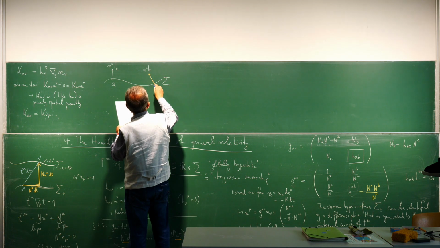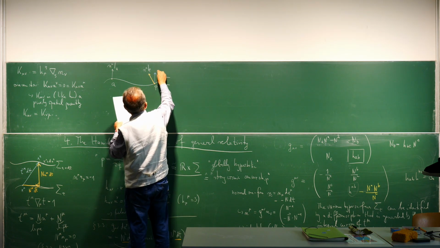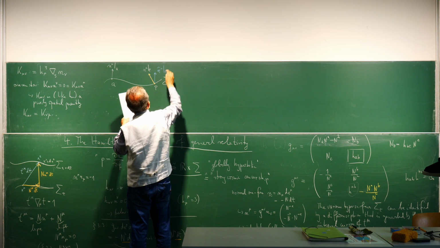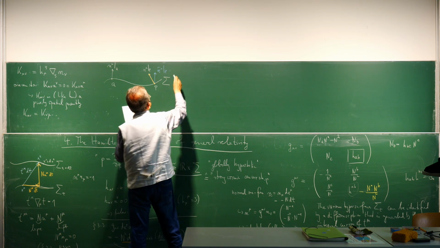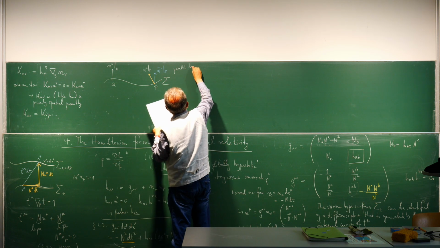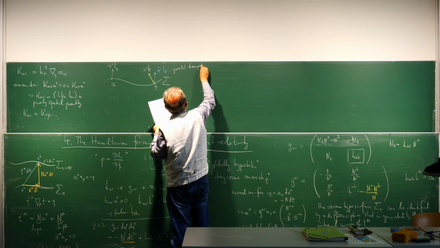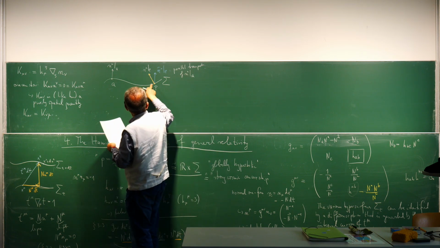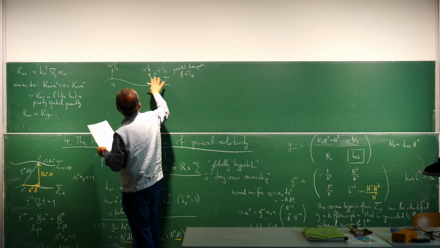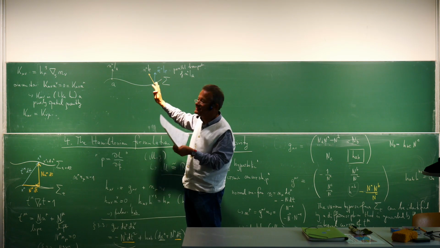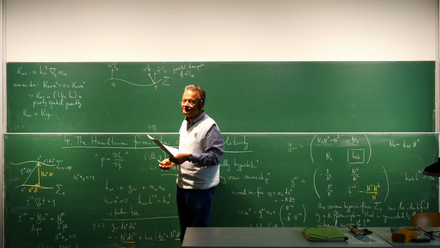So you can have here another one that I call ñ^μ of P, which is the parallel transport of n^μ of Q. Yeah? So it's clear, everywhere you have n^μ, but you can also transport this to here. This is infinitesimal here.